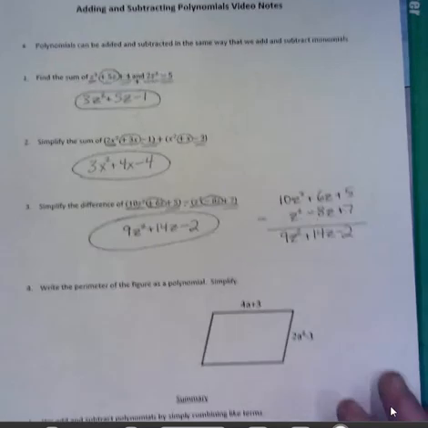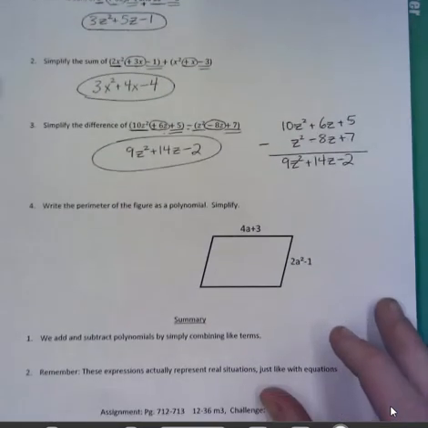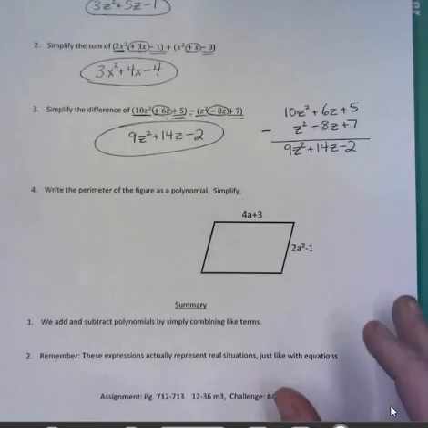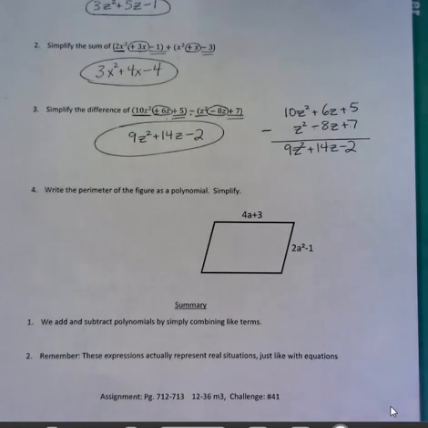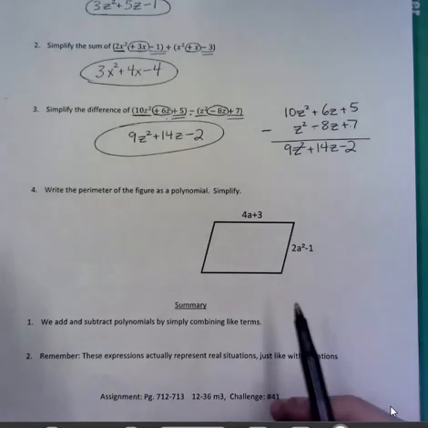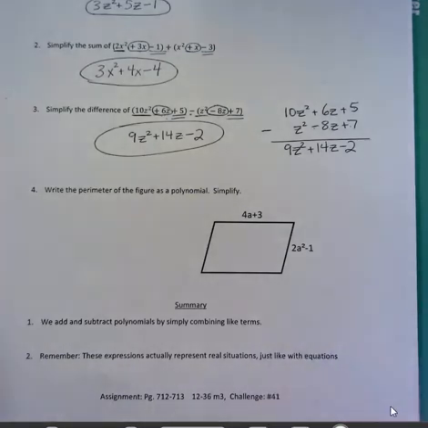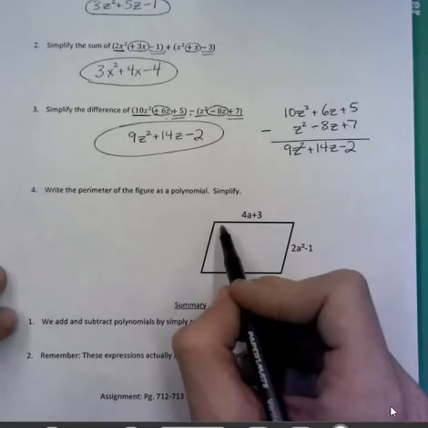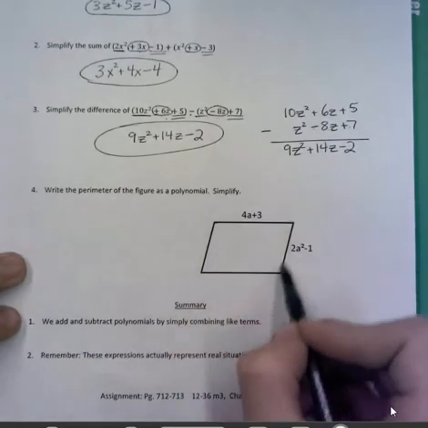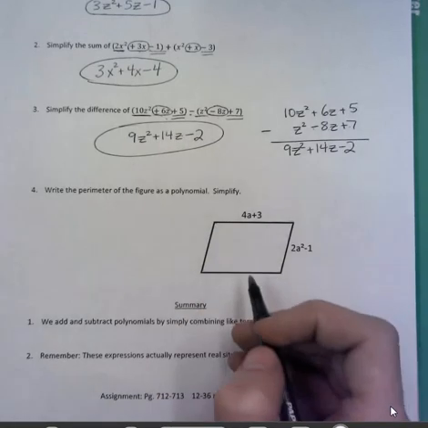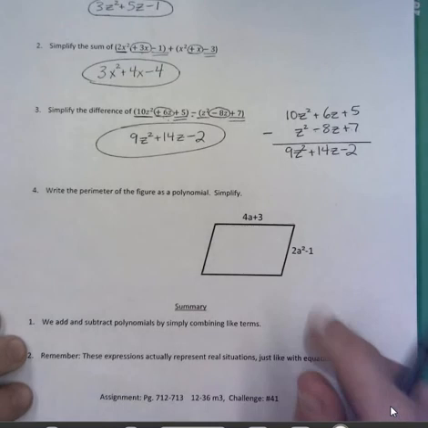All right, let's jump on down to our last example here, number 4. Please write the perimeter of the figure as a polynomial, then simplify. So the first question we must ask ourselves is, how do you find the perimeter of a shape. We all know that if we just add up all four sides, that'll give us our perimeter. Okay? We do have variables though, so this is a little different than what we've seen before.